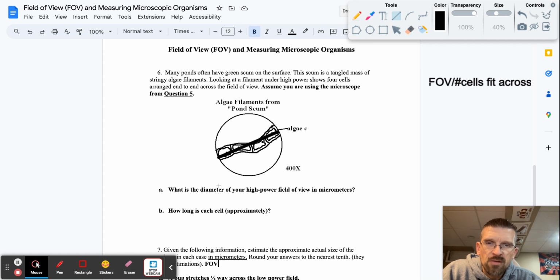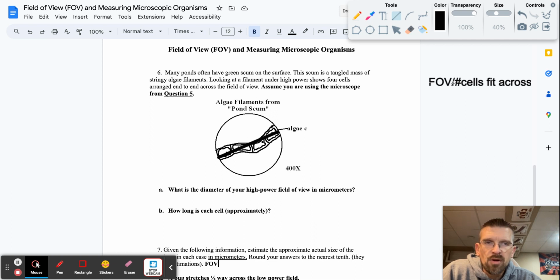So when it says how long is each cell, one thing to remember is that under a microscope we're looking at circles, and the field of view, which is the diameter of the circle, can be projected in any dimension. So here we're going to use somewhat of a diagonal field of view, and we're going to use the number from above.